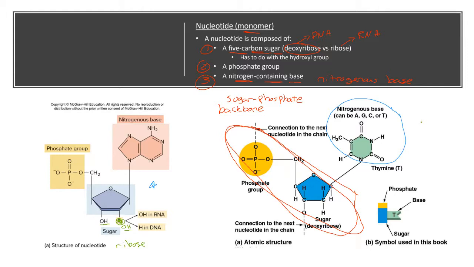Nucleotides have a phosphate group, and all of them have a nitrogenous base, which could be adenine, guanine, cytosine, or thymine if we're talking about DNA. If we're talking about RNA, we have adenine, guanine, cytosine, but instead of thymine we have uracil.